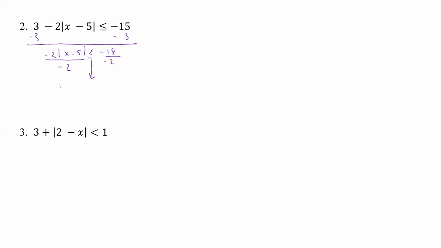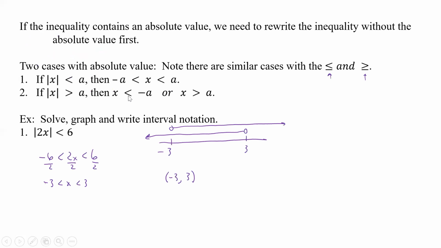And so now we have the absolute value of x minus 5. Now we switch that. It's going to be greater than or equal to, and 18 divided by 2 is 9, and it's going to be positive. All right, so now this one's greater than. So remember, with greater than, we're going to have one of them less than the opposite, and the other one greater than the regular.